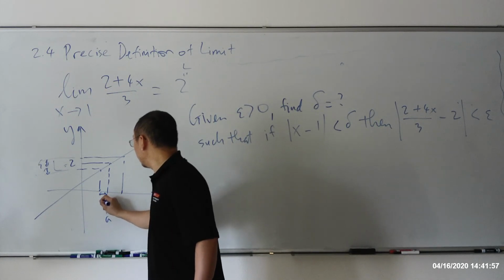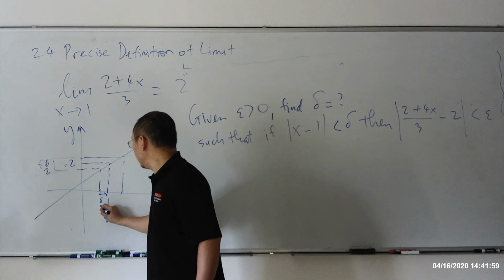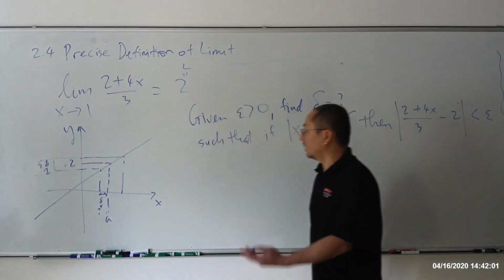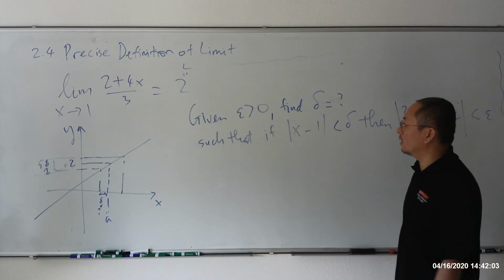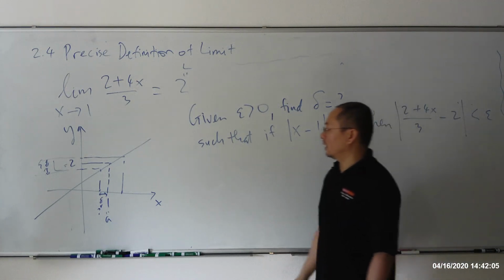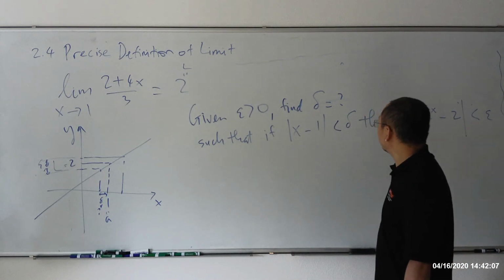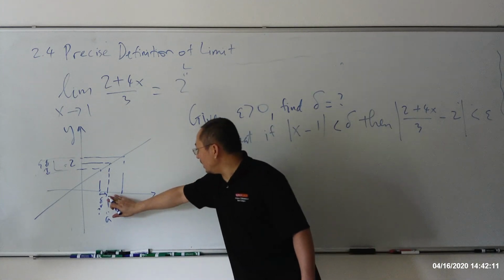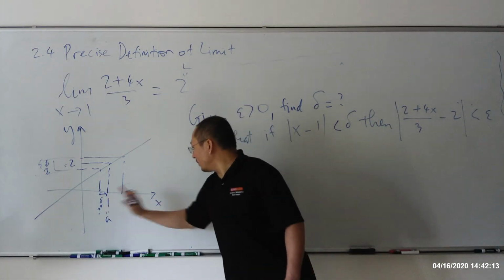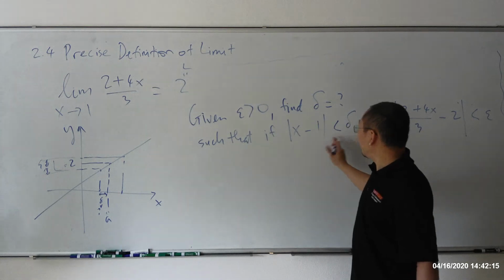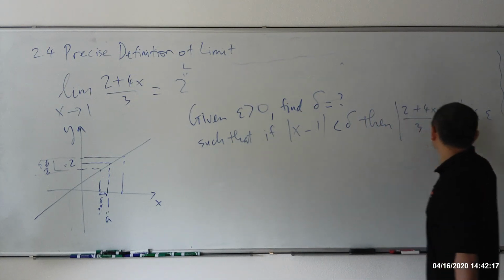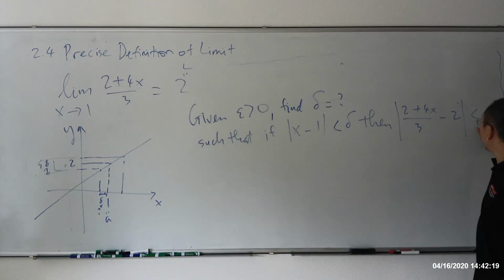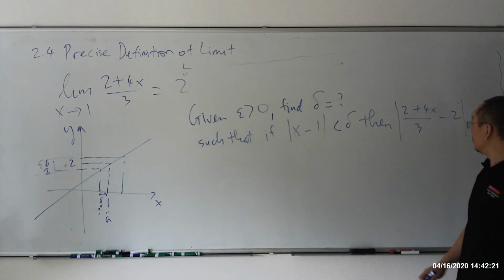This is delta. It's not a specific number anymore, just a letter, and you can always find delta satisfying the condition that if x is delta away from the number 1, |x minus 1| less than delta, then for sure f of x is going to be epsilon away from the limit 2.